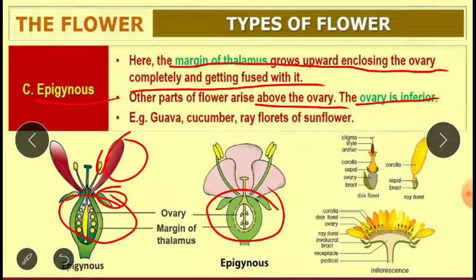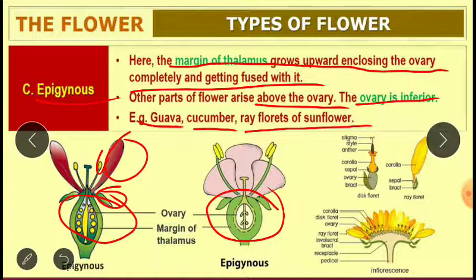This type of flowers you can find in examples like guava, cucumber, ray florets and sunflower. All these plants have the epigynous flower, wherein the ovary is fused within the thalamus and all the other parts are above the ovary.